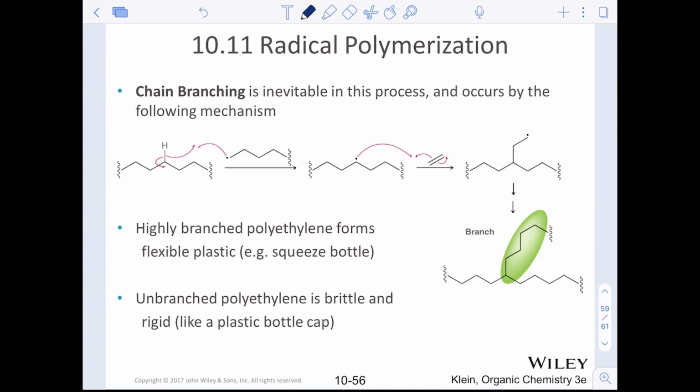So if you start having multiple branching, the polymer is a little bit more flexible. The unbranched polyethylene is more brittle, like the top of the plastic container, right? So you can see the 2 different feels of the plastic itself, and it's based off of what the structure of the polymerization actually looks like.